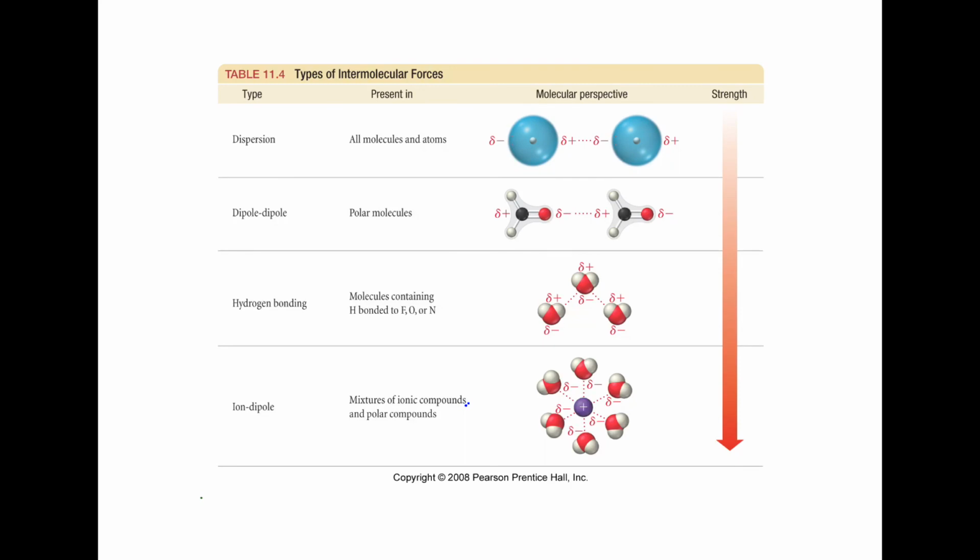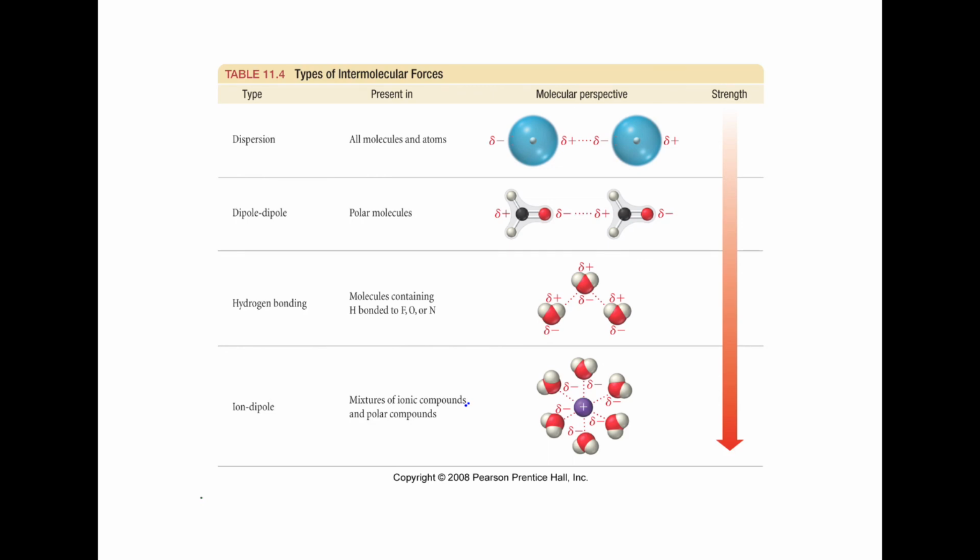Now to practice what we've learned in this video, we'll do some practice problems that go something like, here's a molecule, what is the strongest intermolecular force that it can have? Or another problem would be, here are two different molecules, which one has the stronger intermolecular force?